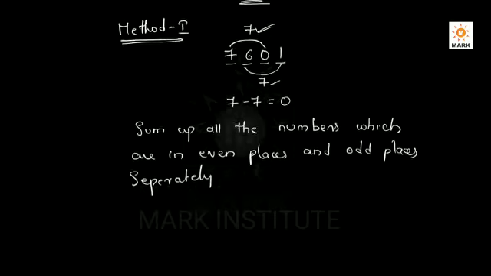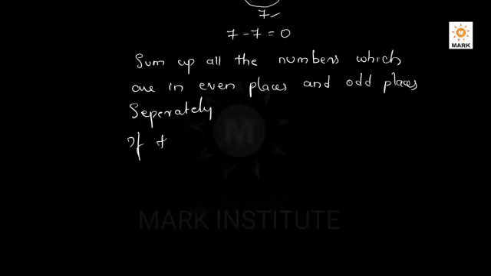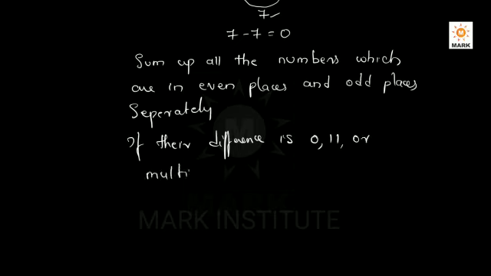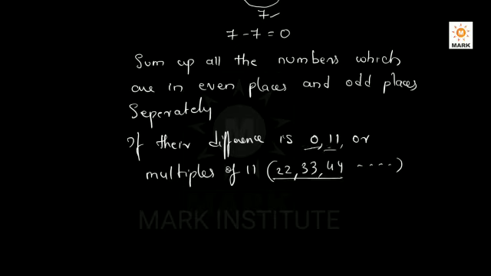If their difference is 0, 11 or multiples of 11, which means they can be 22, 33, 44 and so on, then the given number is exactly divisible by 11.